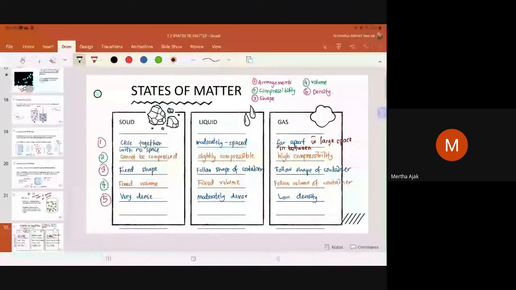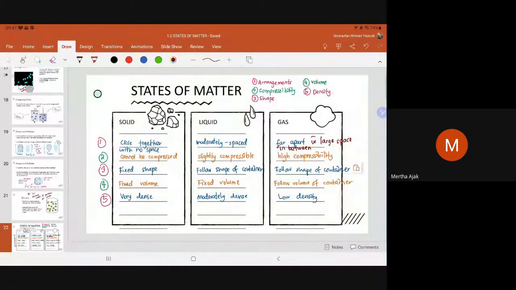Okay. Sama juga macam density. Kalau kita nak compare kan dia, sebab ini dalam bentuk table kan, kita cakap solid has the highest density, whereas liquid has moderate density, whereas gas has the lowest density amongst the three states of matter. Macam tu. Ayat tu penting.